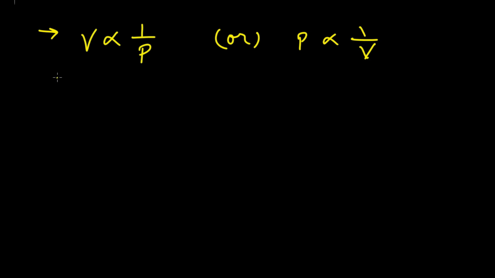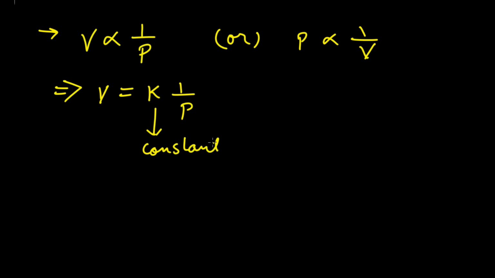It's a really small derivation. V is inversely proportional to pressure. You can write this as V is equal to K times 1 by P, where K is a proportionality constant.